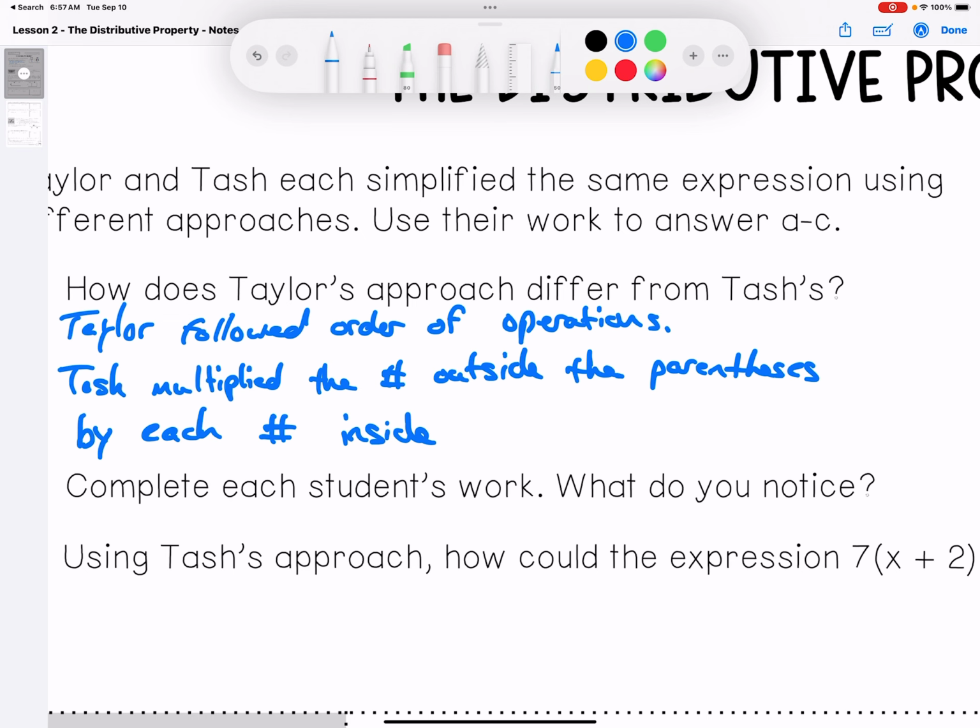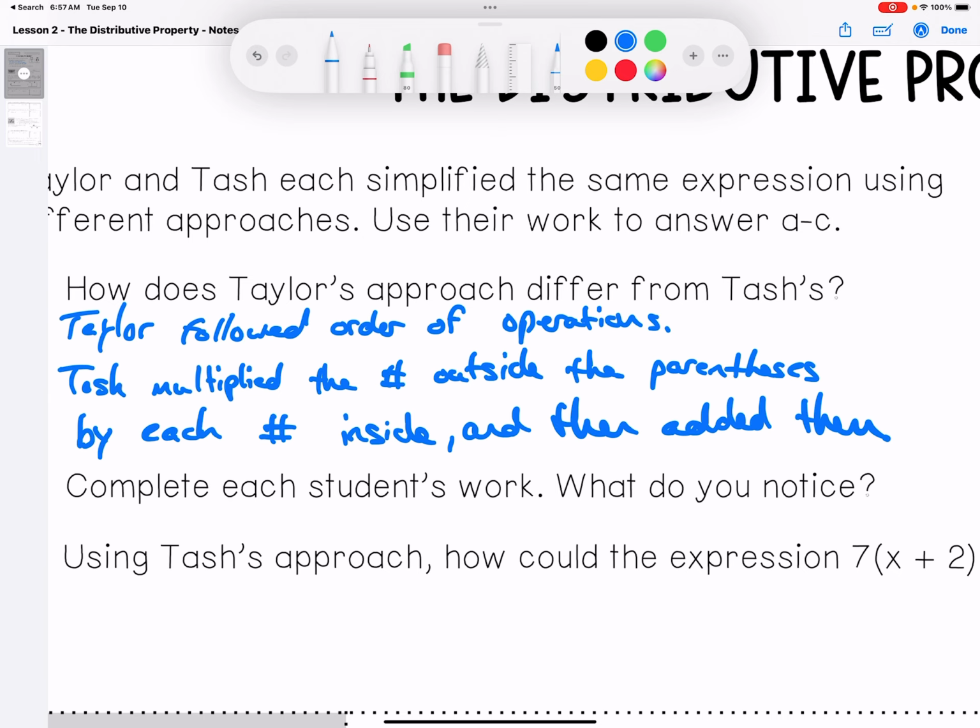And then added them. I shall repeat. Taylor followed the order of operations. Tash multiplied the number outside the parentheses by each number inside, and then added them together.